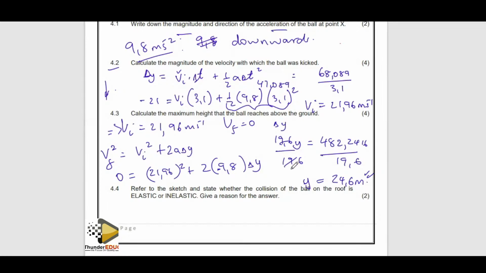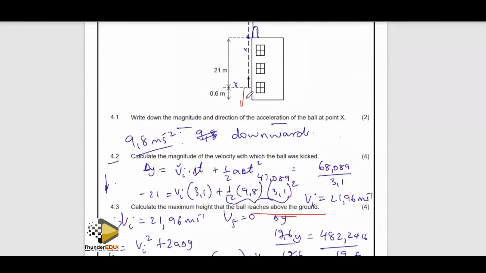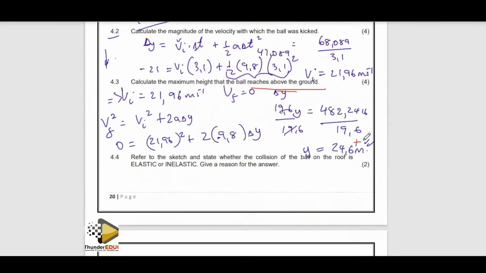Is that question done? Calculate the maximum height that the ball reaches above the ground. Above the ground, we're not done. This 24.6, remember, the ball was kicked from a height of 0.6, which means we have to add the 0.6 also. Then that becomes 25.2 meters. Thank you.